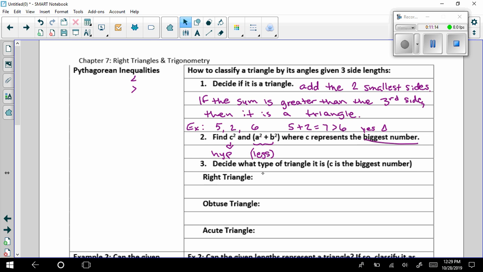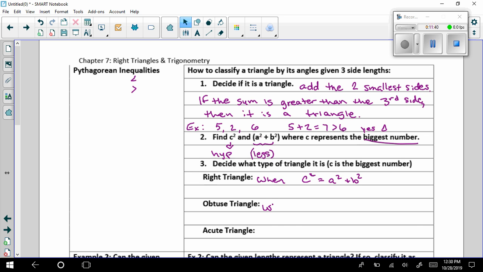So we use the legs for that, your two shortest sides. And we compare them. When c squared is equal to a squared plus b squared, we already know that it is a right triangle because we've already talked about Pythagorean theorem. So does it satisfy Pythagorean theorem? If so, then it is a right triangle.